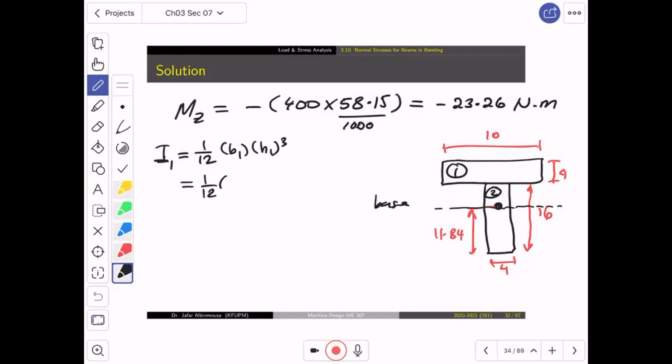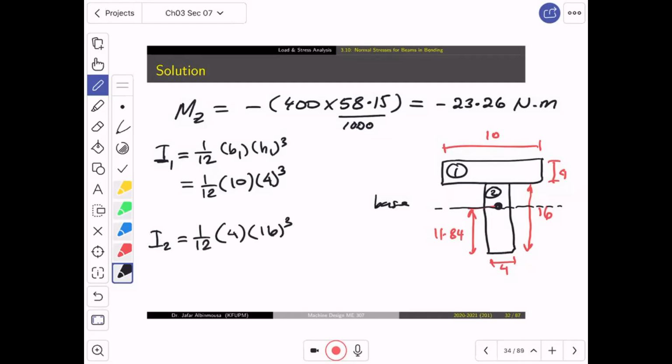Sorry, B1 is 10. Is that true? Yes, it's parallel. So it is 10 multiplied by how much? 4 cubed. Good. What is I2? 1/12 times 4 multiplied by 16 cubed. Good, guys. Yes, but it's not about the neutral axis.